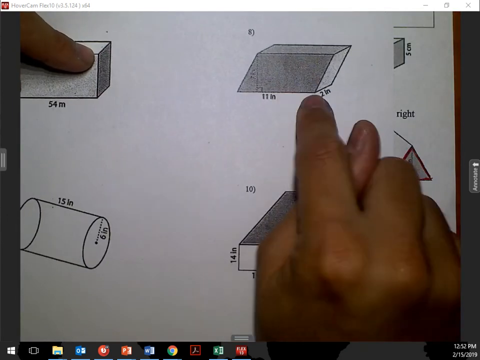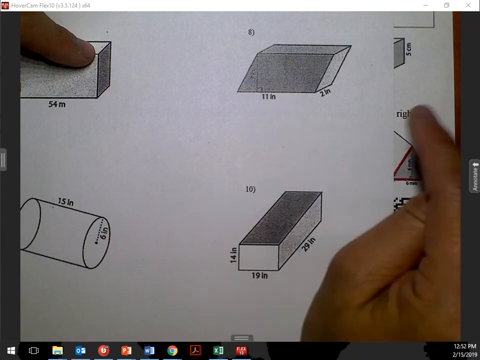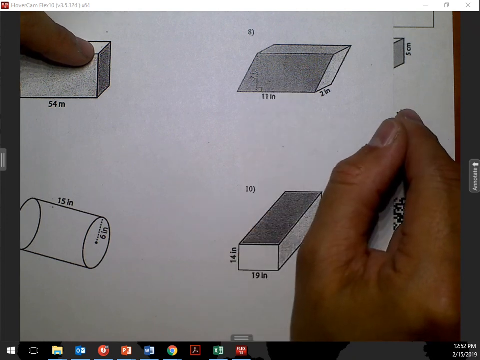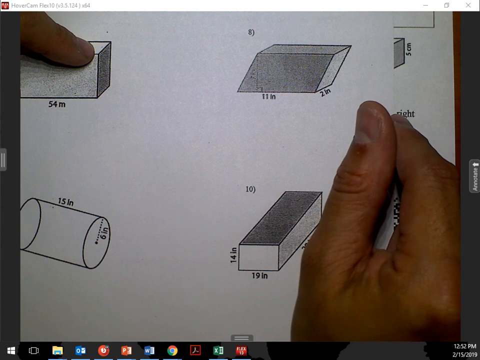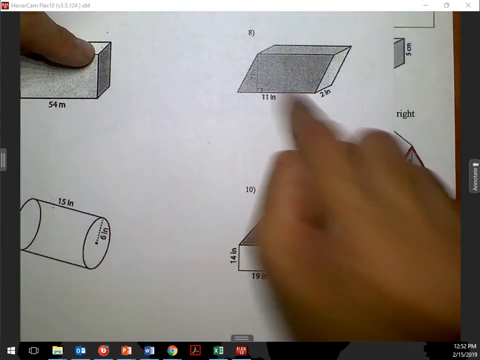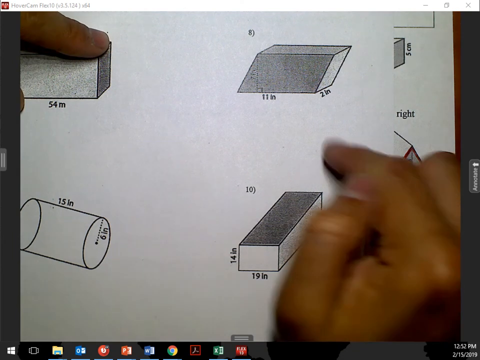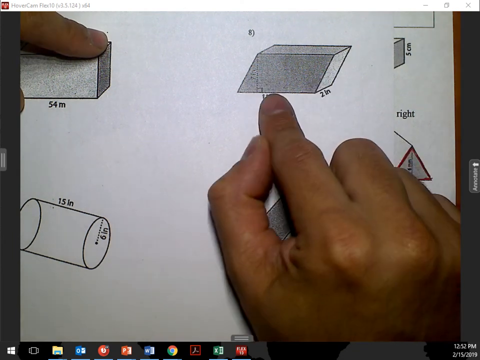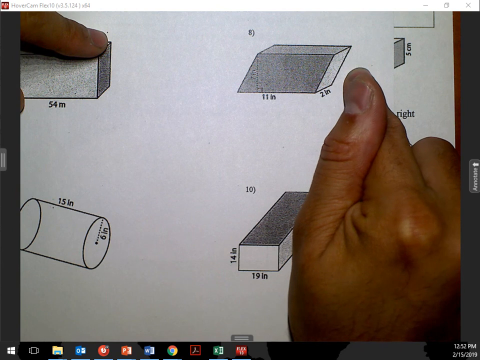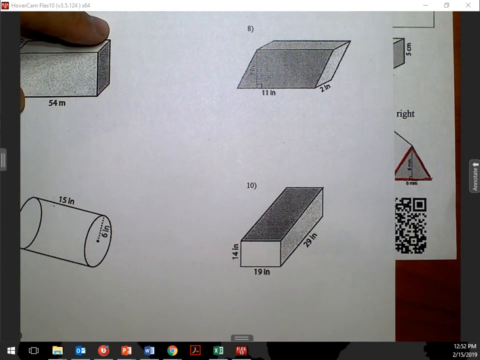This thing right here, it's an odd shape, isn't it? Say yes. I'm trying to give you answers right now, so please pay attention. So what is the odd shape? Parallelogram, right? So the area of a parallelogram times the thickness. Does that make sense?